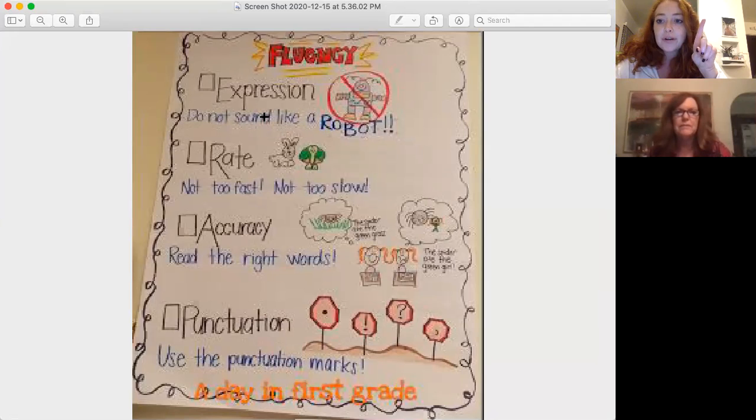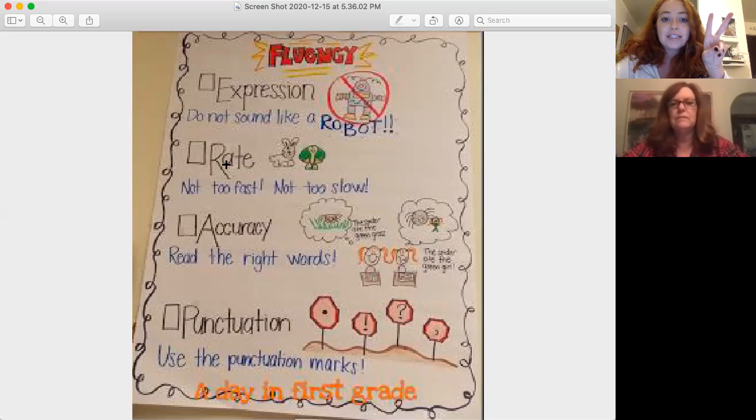So that means that we're not reading and sounding like a robot, that we're reading expressively and we are trying to engage the reader. So like with this story, it's a storybook. So we want to make sure that we are reading it nicely aloud because we would most likely be reading this to a class, right?